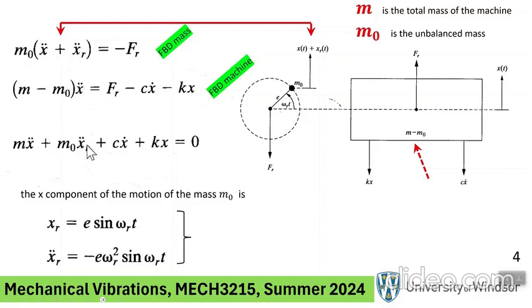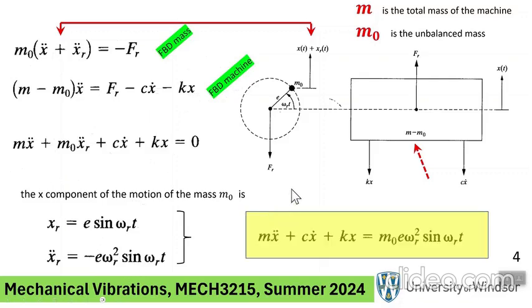However, we know what x double dot, xr double dot is. We know that because it's right here. You just plug it in, and there's nothing unknown about it. You take it to the right-hand side, and you get the mother of all equations for a rotating unbalanced problem, rotating component.